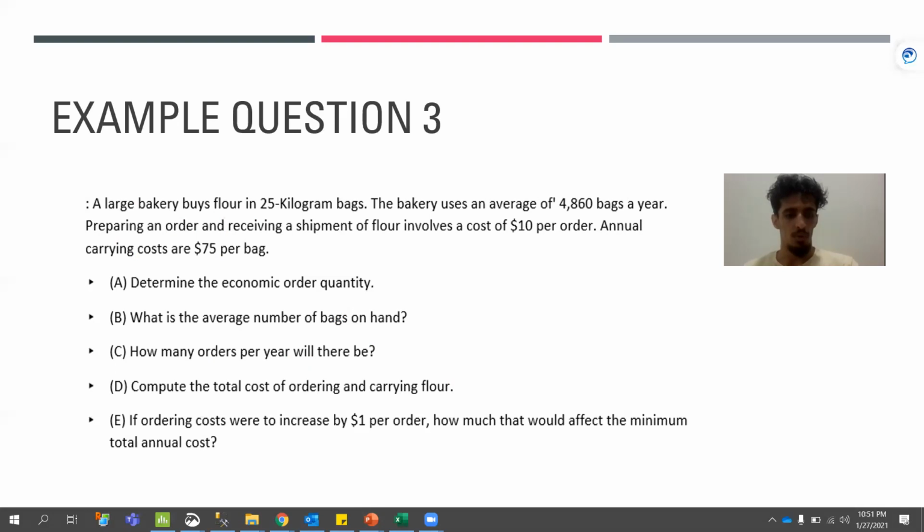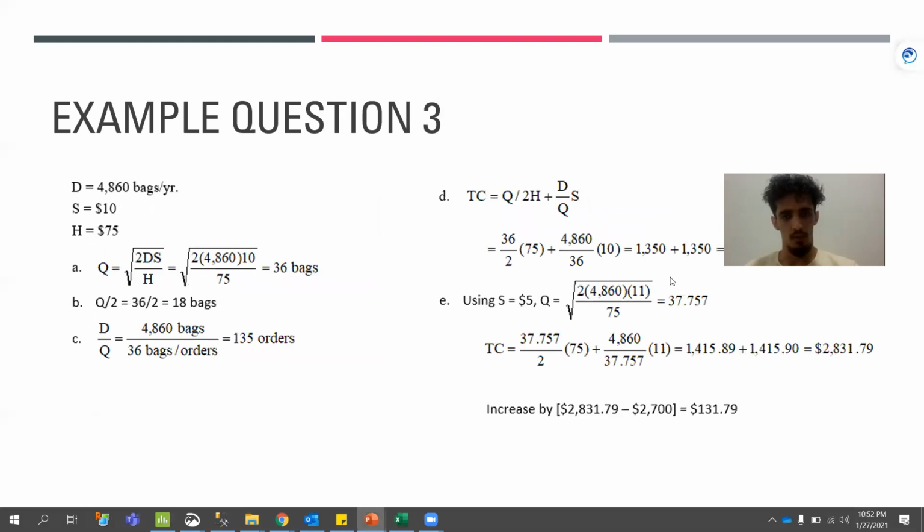D, compute the total cost of ordering and carrying flour. And the last one is E, if ordering costs were to increase by $1 per order, how much would that affect the minimum total annual cost?